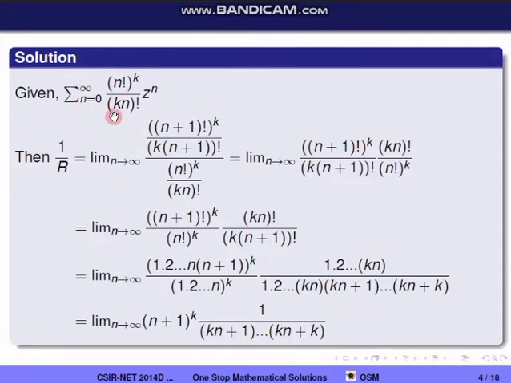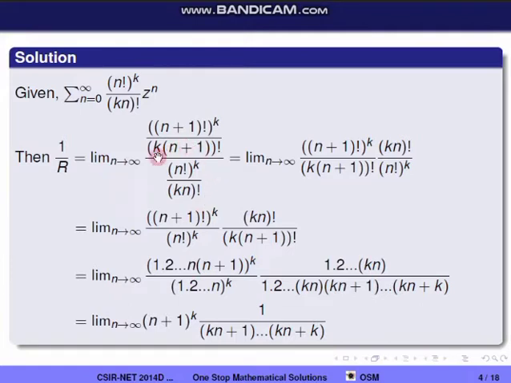So here the coefficient a_n is equal to (n factorial) whole power k divided by (kn) factorial. So 1 by R is equal to limit n tends to infinity a_(n+1) by a_n. So substitute the a_(n+1) term, that is ((n plus 1) factorial) whole power k divided by (k into (n plus 1)) factorial, divided by the a_n term, (n factorial) whole power k divided by (kn) factorial.